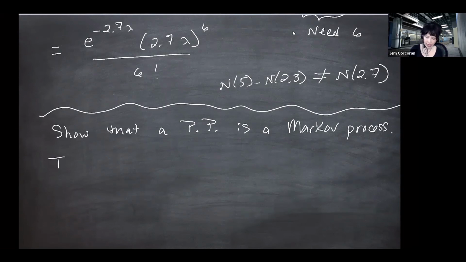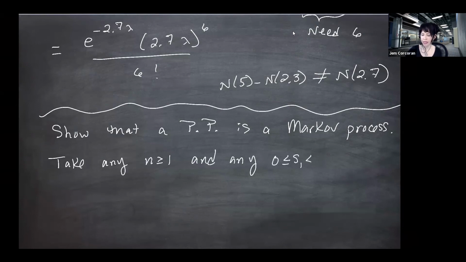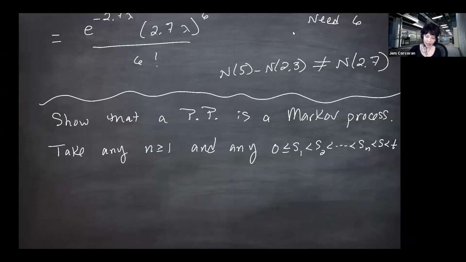So I'm going to take any integer n greater than or equal to 1 and any time points. I call them, when I defined a Markov process, S1 through Sn, and then an S and a T for the last 2 values. So S1 is going to be greater than or equal to 0, less than S2, less than up to less than Sn, less than S, less than T. And we want to look at the probability.